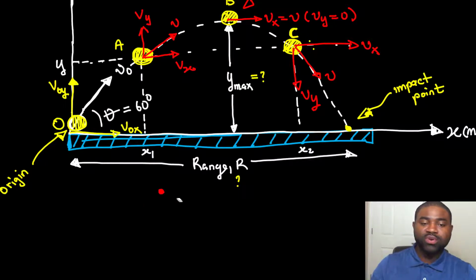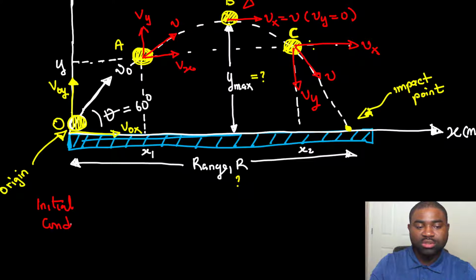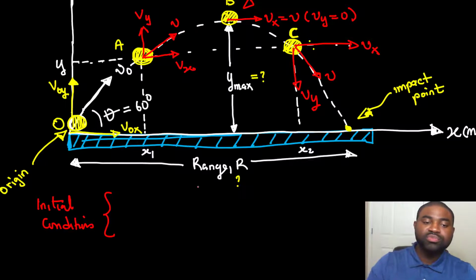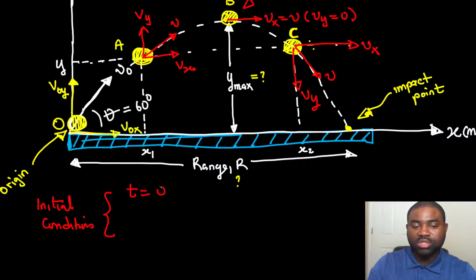So let's write down the initial conditions here. What are the initial conditions? The initial conditions are the values of x, v, and a when t is equal to 0. So what happens at t equal to 0? We know that x is equal to 0. We know that y is equal to 0.